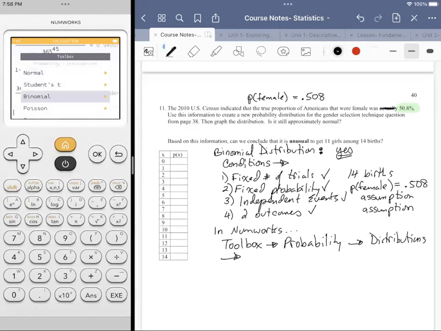And you'll see an option for binomial. And then select the one that says binom PDF. So that would be binom PDF.